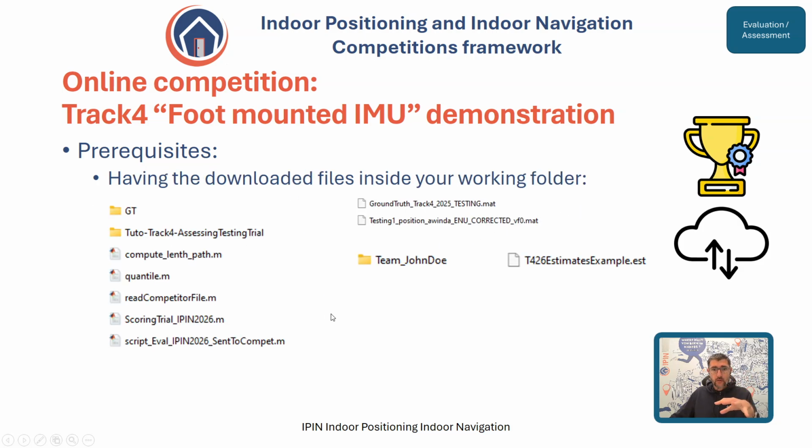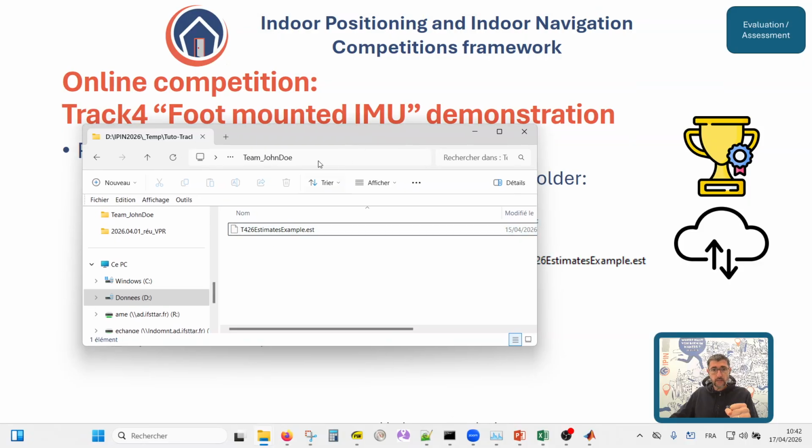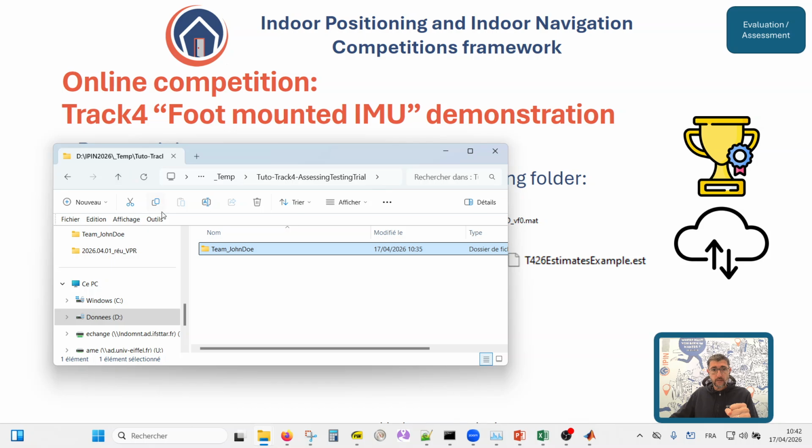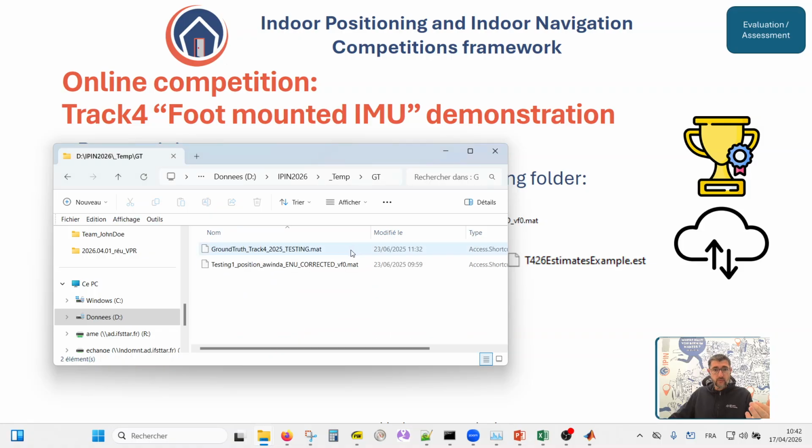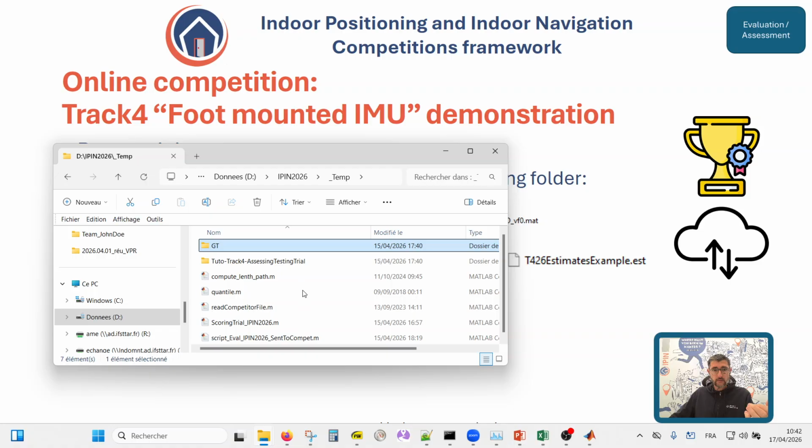Once you download all the material, you should have that structure of files and folders: 5 MATLAB files and 2 folders, in which you will find the ground truth in GT, and in tuto Track4 you will find a lambda team and its own estimate. It is what we have here. Estimates: if I go up, the team name and the ground truth folder, and also the MATLAB files.